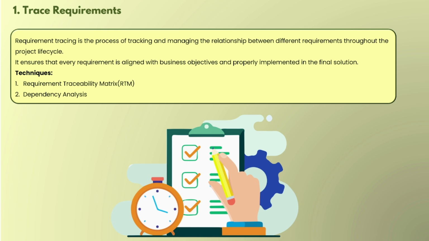So user login is our feature, our requirement. This feature might be linked with other things like password reset or two factor authentication. So tracing helps us keep track of all these connections so nothing gets missed.